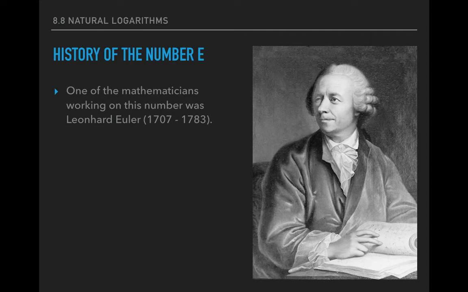A lot of people say his name as Yoowler in our part of the country, but it's actually Oiler. And he was working with this number, and he's often called the one whom e gets its name from. It's sometimes called Euler's number because he worked with it so much.